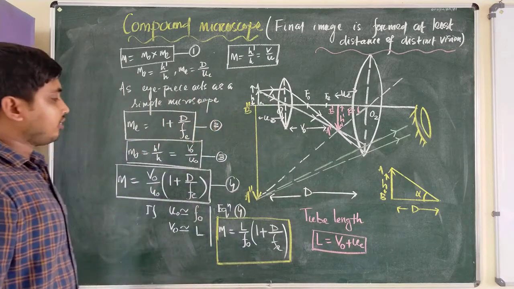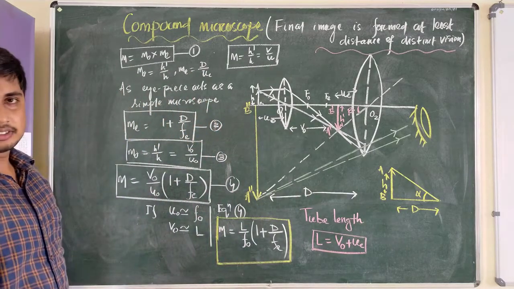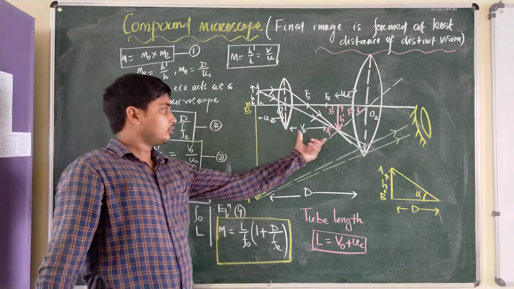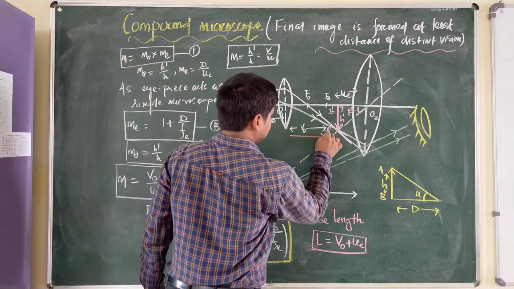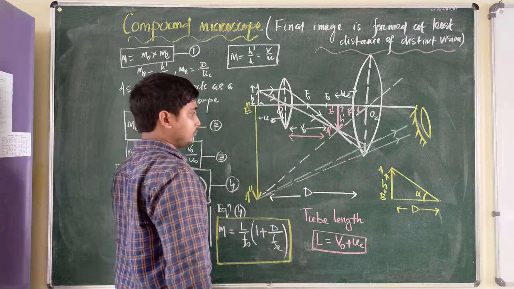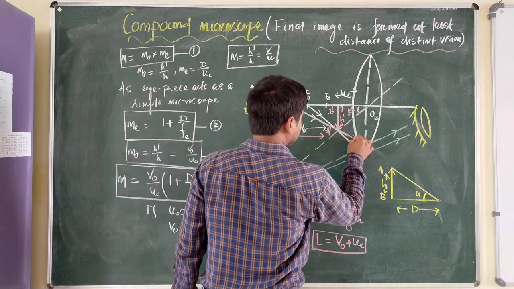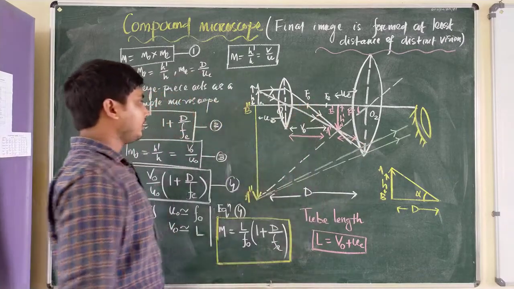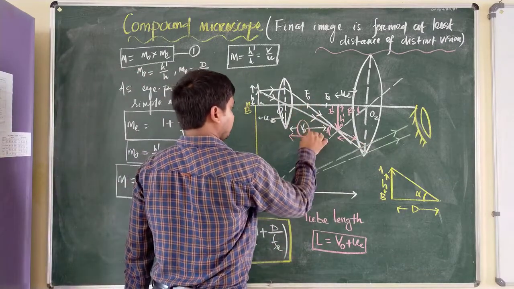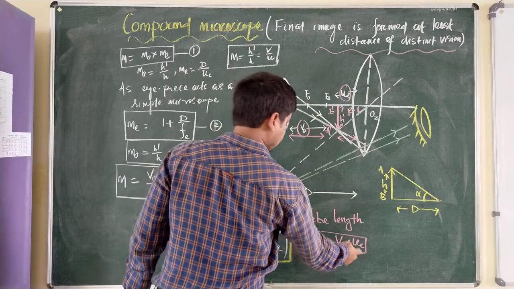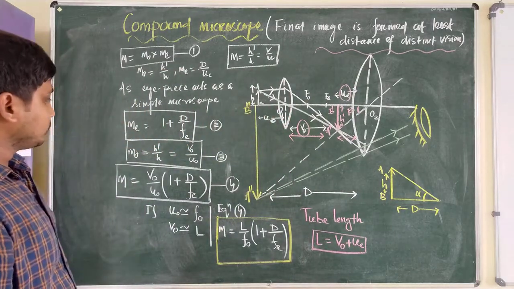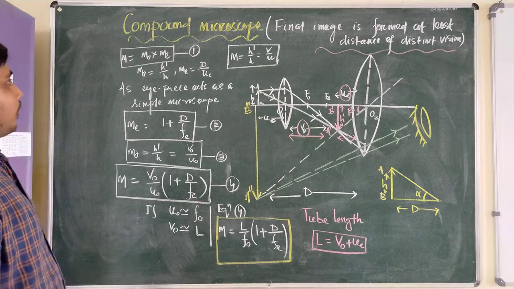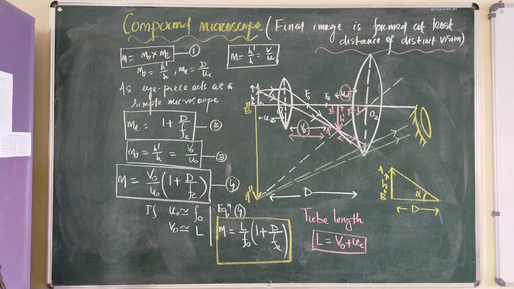So when the final image is formed at the least distance of distinct vision, the total tube length is given by VO plus the object distance UE. If you add this VO and UE, it will give you the length of the tube. Okay, so this is all about the compound microscope where the final image is formed at the least distance of distinct vision.